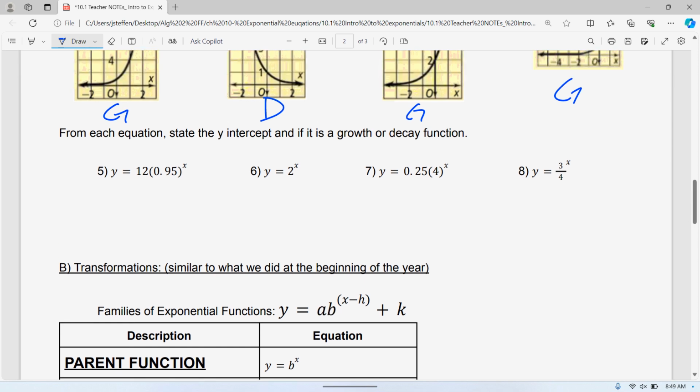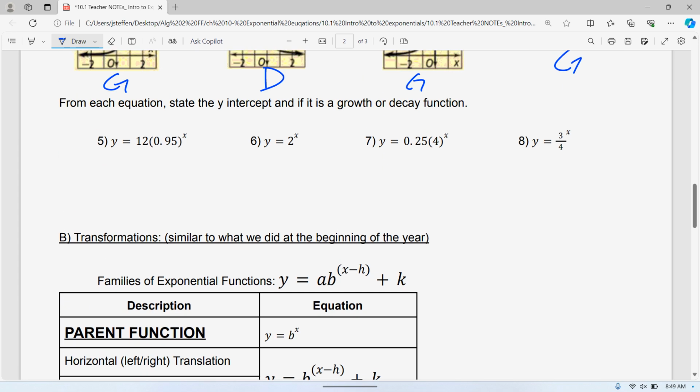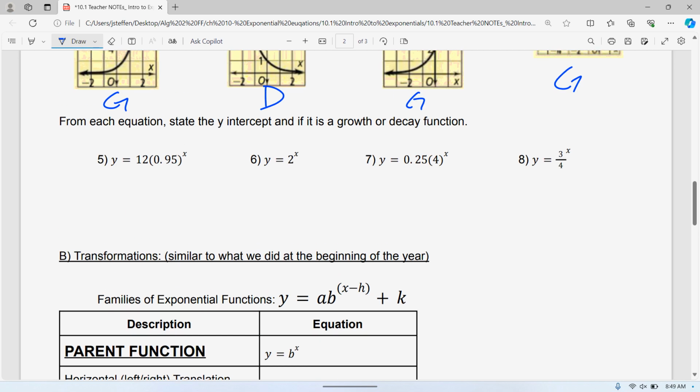From each equation, state the y-intercept and if it is growth or decay. We'll talk about the y-intercept also in a little bit, but the y-intercept is the number that's out front. That's where the graph starts.